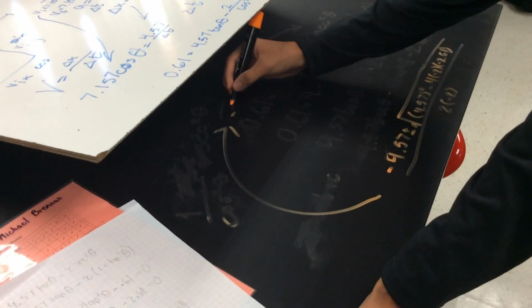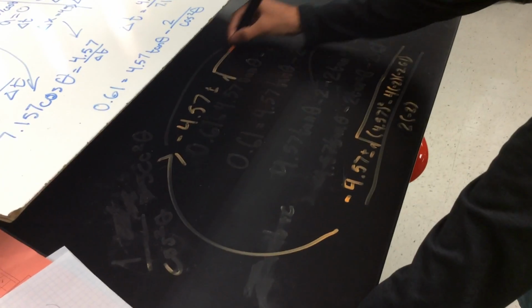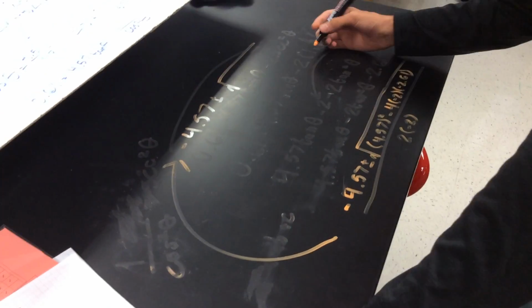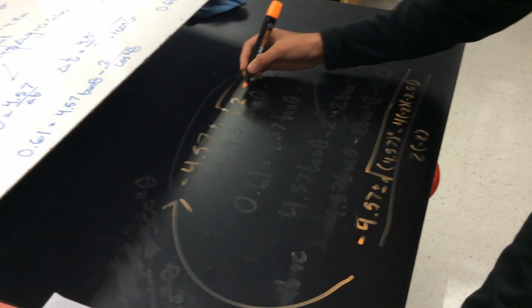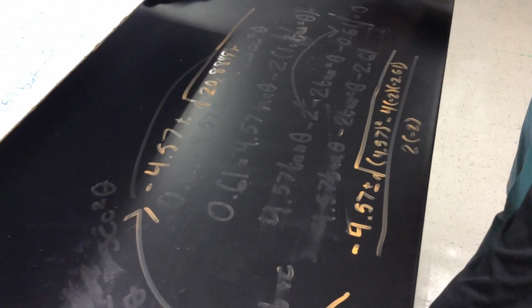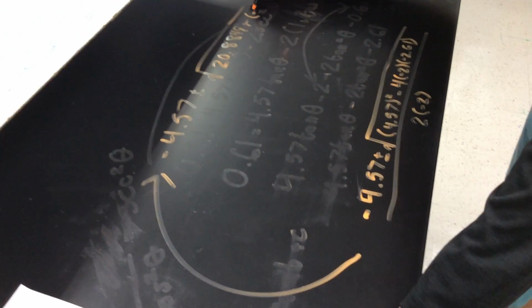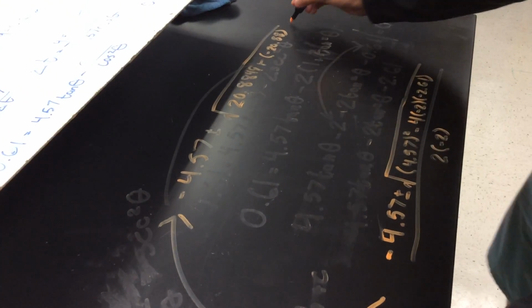So, I'm just going to bring that back up here. So then you get negative 4.57 plus or minus square root of 4.57 squared, which is 20.8849, plus 4 times negative 2 times negative 2.61, which is negative 20.88, and that just cancels.